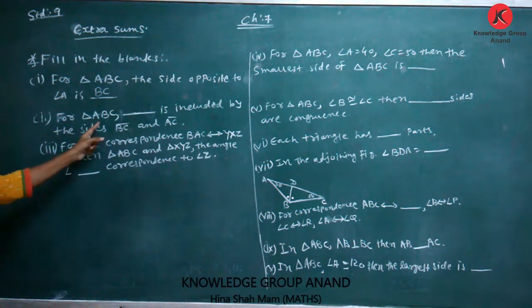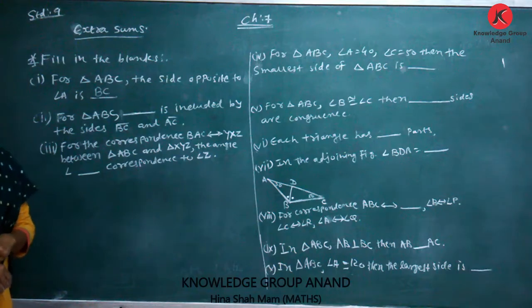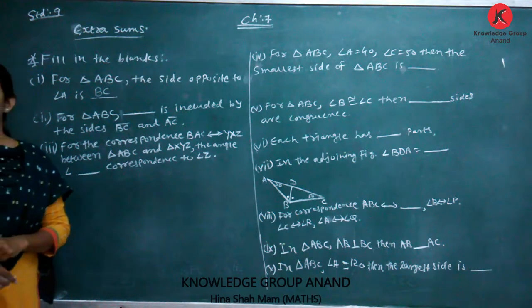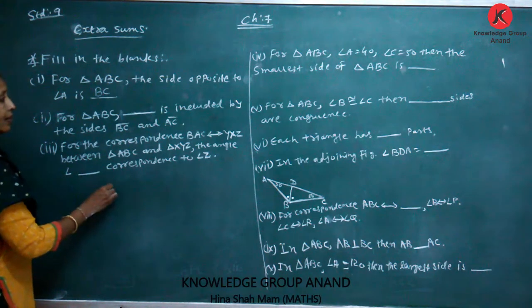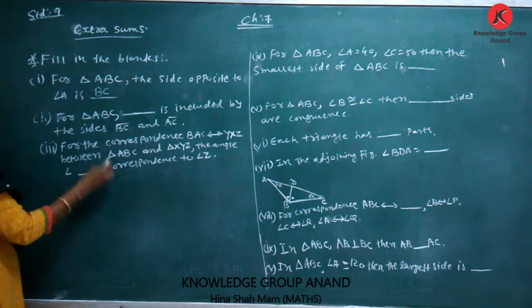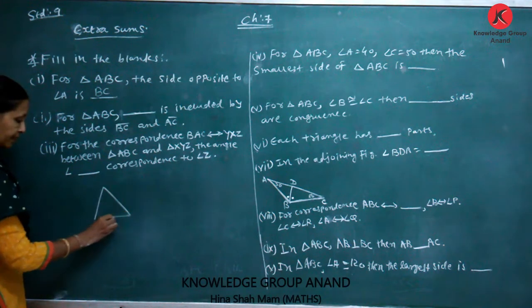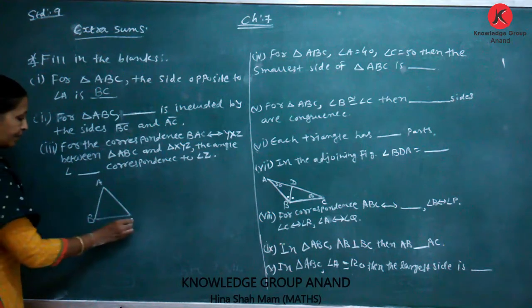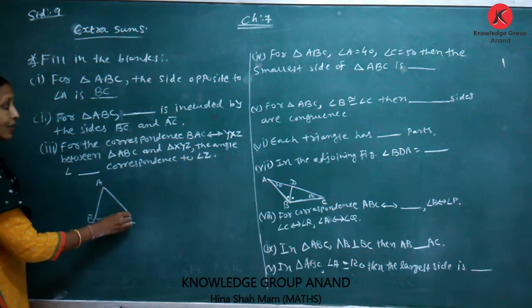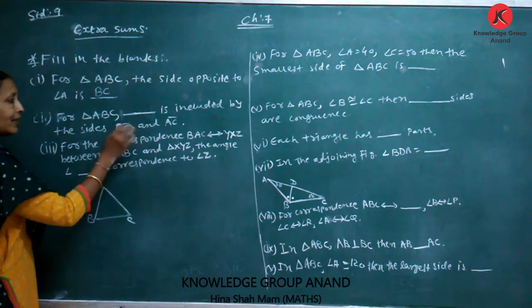For triangle ABC, dash is included by the sides BC and AC. Which is included by sides BC and AC? Suppose in this triangle ABC, what is included by sides BC and AC?